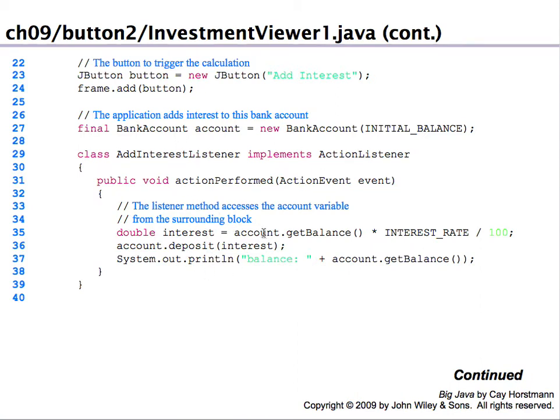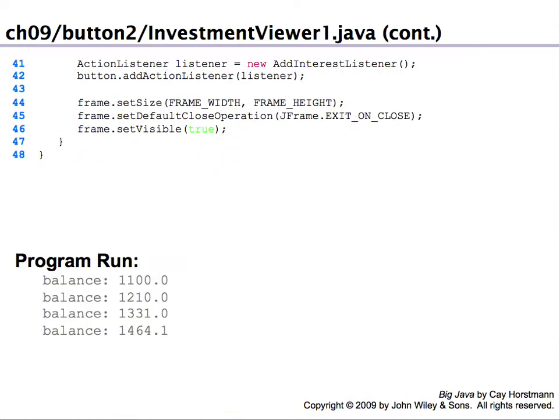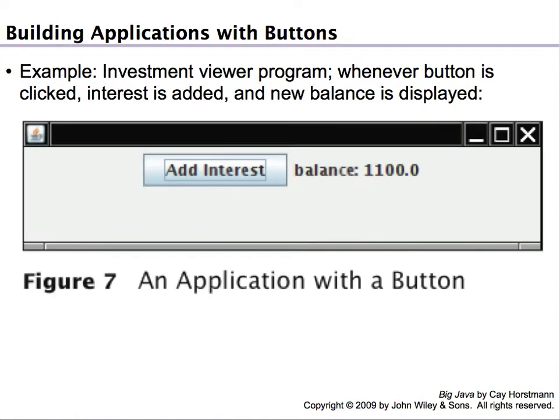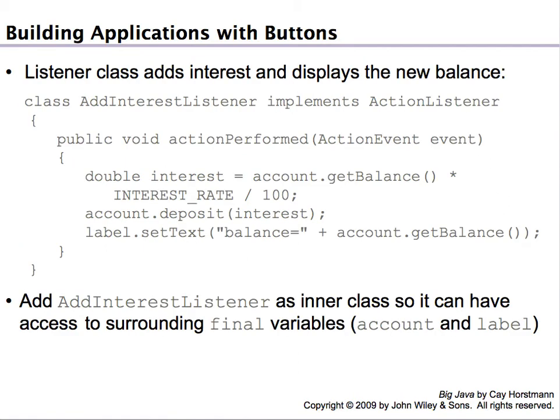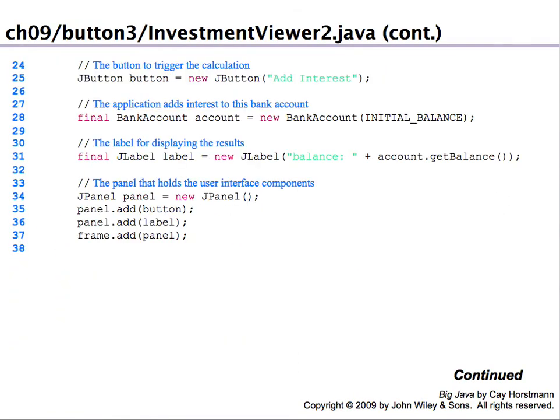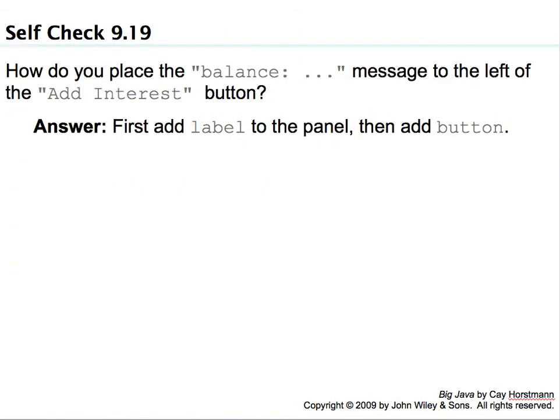The inner class can get access to it directly. However, the inner class inside a method, to access a variable in the method, that variable has to be final.